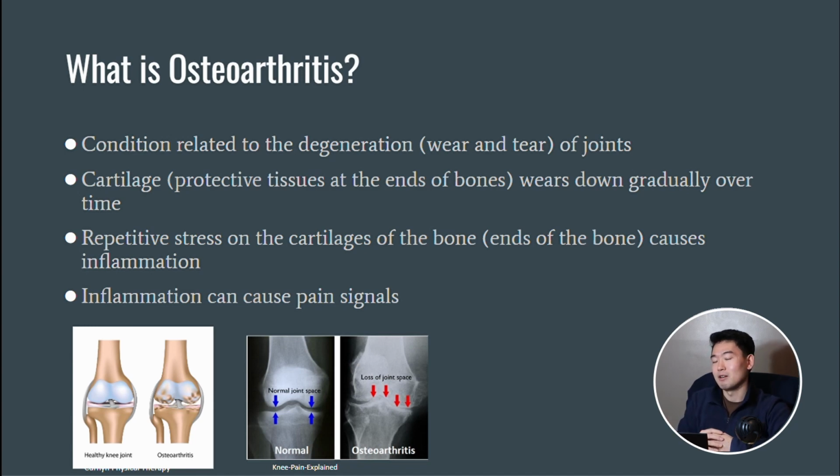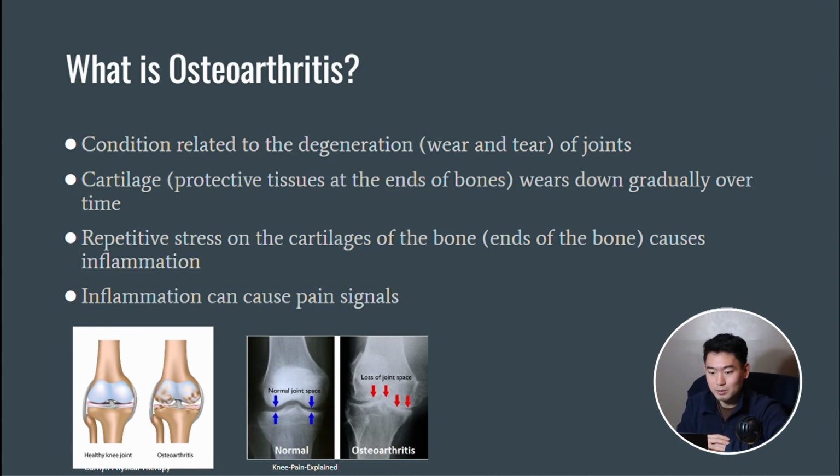And because of that repetitive stress and repetitive loading on those cartilages, the bone causes inflammation. That could be due to bone-on-bone rubbing and grinding, and so that inflammation eventually causes pain signals around the joint, and that pain signal gets sent to our brain, and our brain picks up on that, saying, hey, there's something going on in this joint.